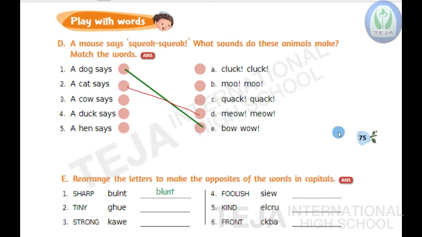So draw a line from number 3 to B. Next, a duck says quack quack. So draw a line from number 4 to C. Now the last one, a hen says cluck cluck. So draw a line.